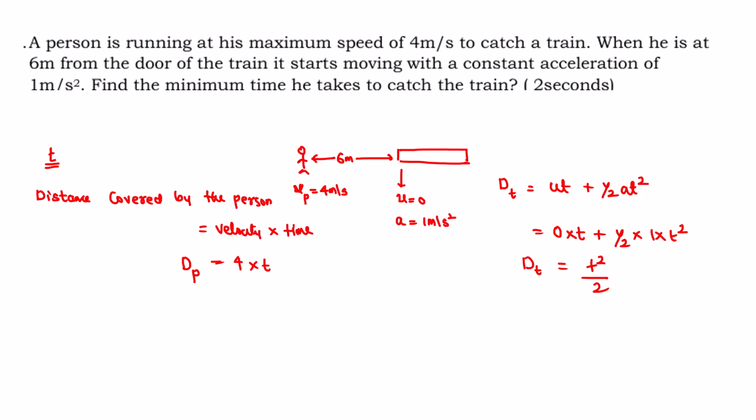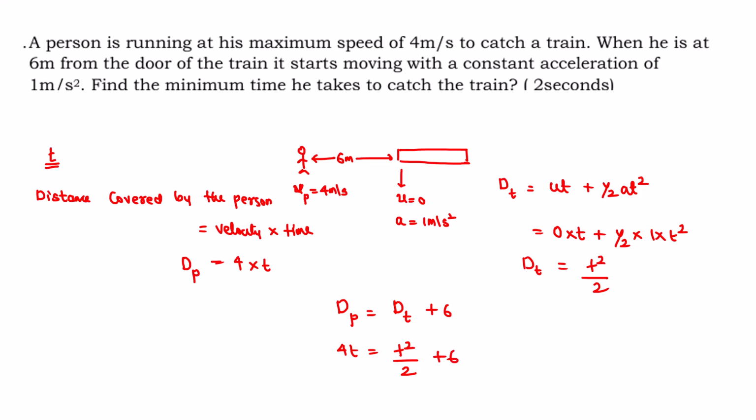If this particular person has to catch the train, he needs to cover the distance traveled by the train plus an additional 6 meter, because initially there is a separation of 6 meter between the train and the person. So the distance traveled by the person will be equal to the distance covered by the train plus 6, that is 4t will be equal to t square by 2 plus 6, correct?